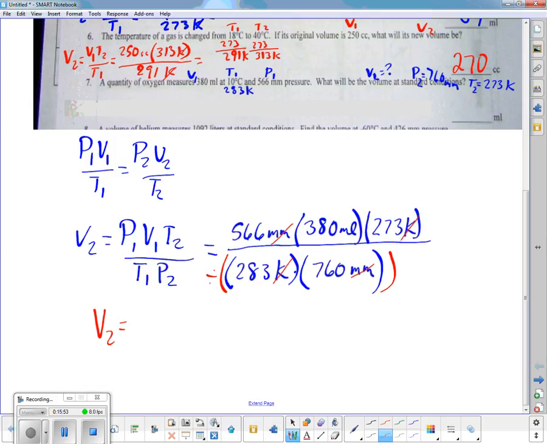Okay, what do we end up with? Remember our PTV, pressure, temperature, volume. We're not holding anything constant here. But as I'm looking at it, what's happening in my pressure? It's going up. What's happening to my temperature? It's going down.